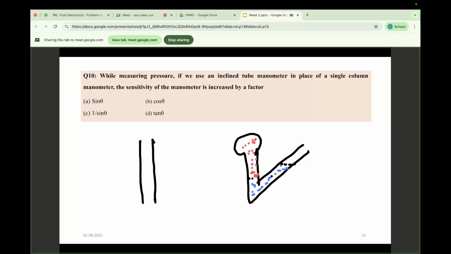So how will you calculate this here? If this is your length, you know this length is L, right? So you can find out this height. This is L. If this is theta, you know this is theta. Then H equals L sin theta, right?